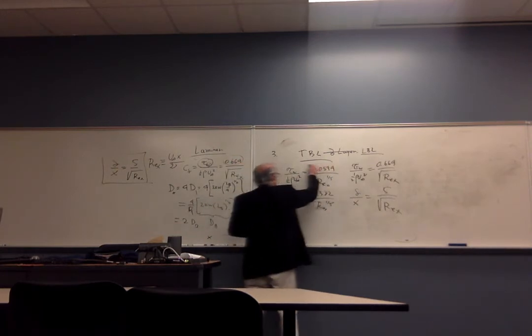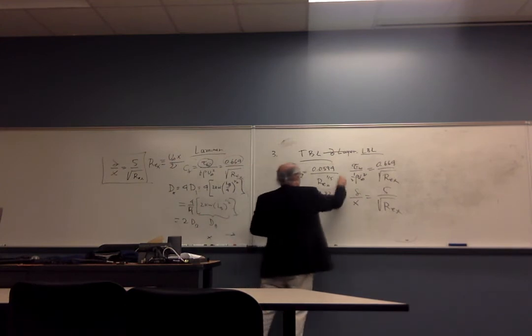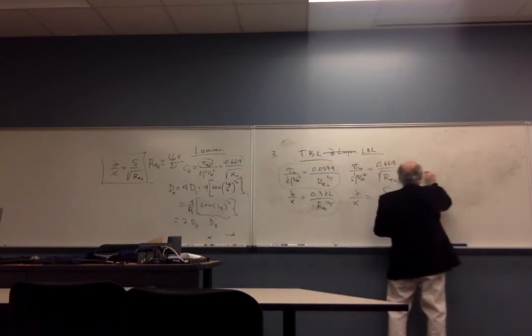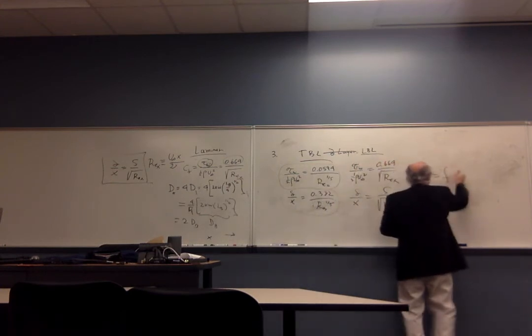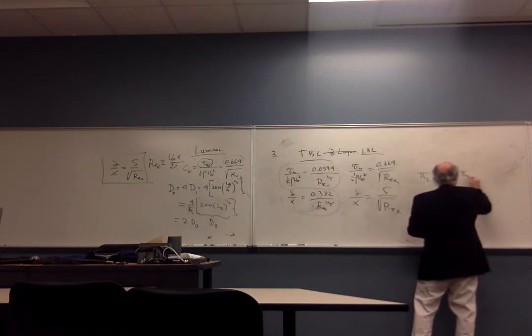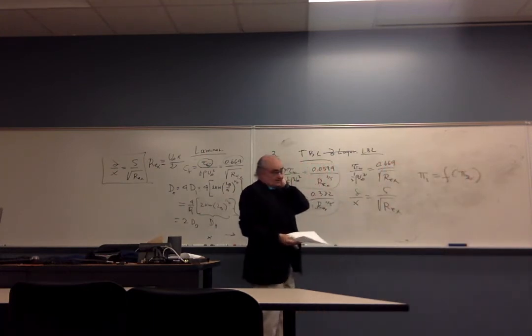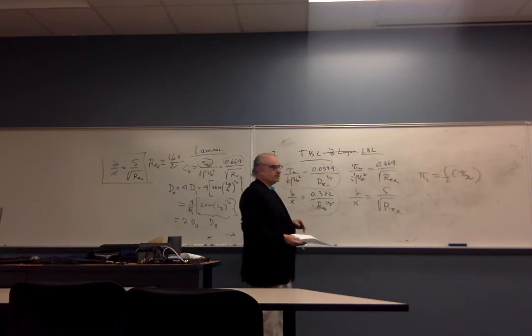Notice also this equation, and this one, and this one, and this one. They are of the form pi 1 is a function of pi 2, right? In fact, you could obtain something like them from pi analysis.